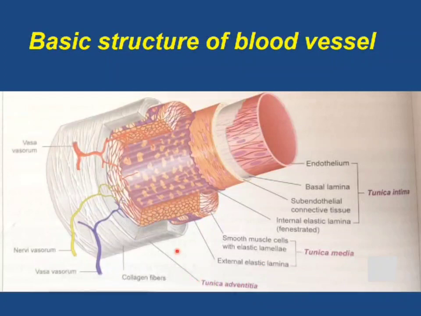The last layer, that is the outer layer, is the tunica adventitia, which contains mainly the collagen fibers. In this layer there will be plexus of small blood vessels supplying the blood vessel wall of a large vessel, and these vessels are called vasa vasorum. The autonomic nerves which are supplying the wall of the blood vessel form nervi vasorum.